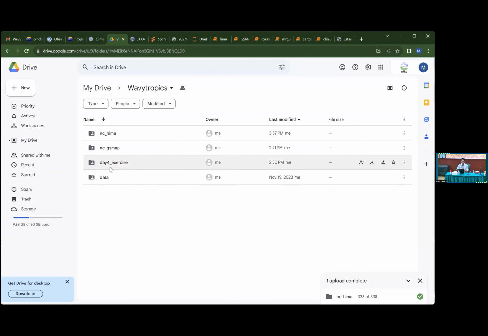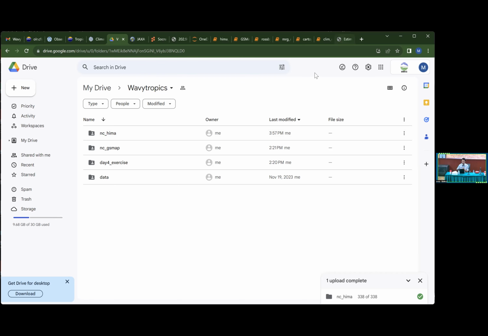The day for exercise folder is for the source code. I will use Jupyter in this practical session, and there is also JS map, and the Himawari data is very large, so this is the last priority. So you can download this.